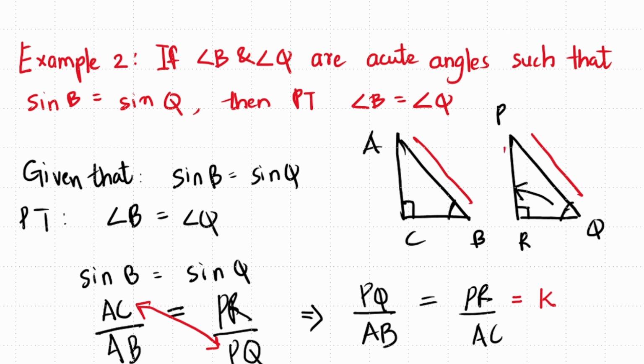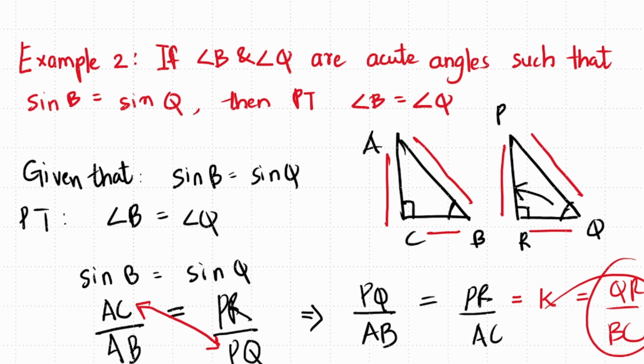Then you have PR over here, then you have AC, again corresponding sides of this triangle. Then if BC and QR are also equal to this ratio, PQ by AB equal to QR by BC, right?